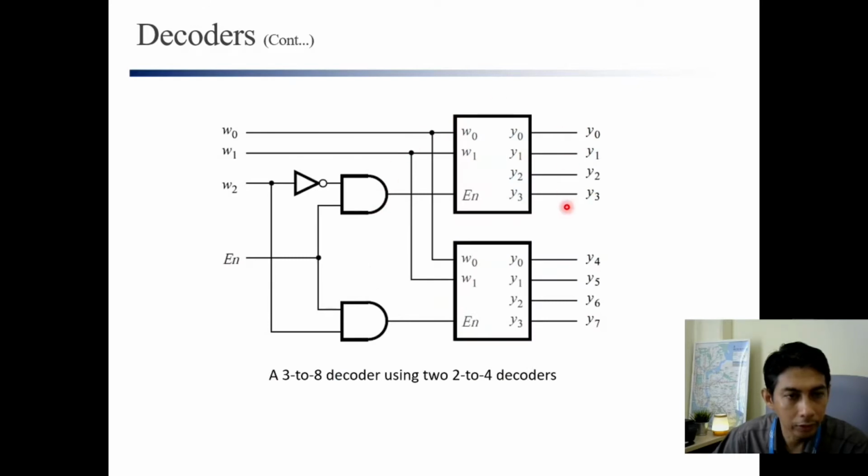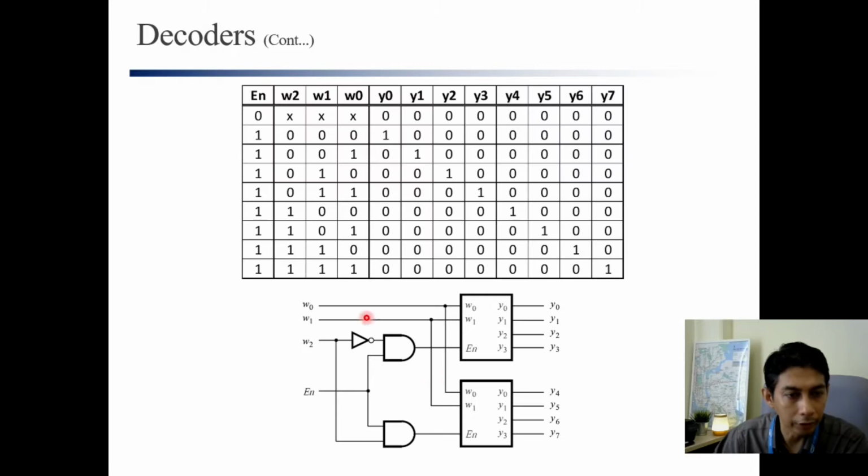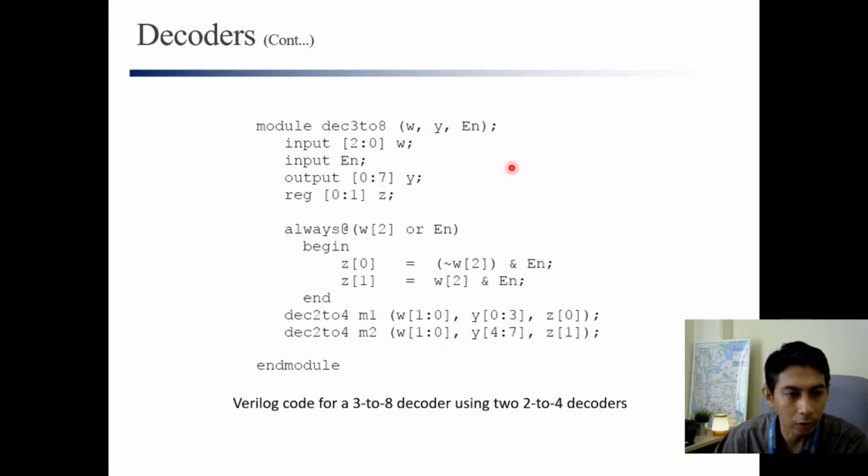We also learned how to design a bigger decoder using, for example, 2 to 4 decoders to build a 3 to 8 decoder, and how to write the code for this 3 to 8 decoder.